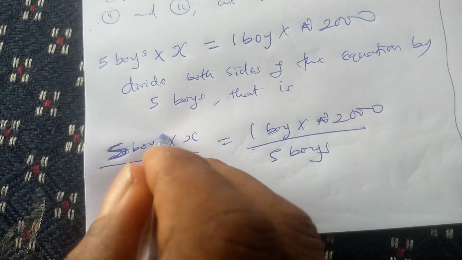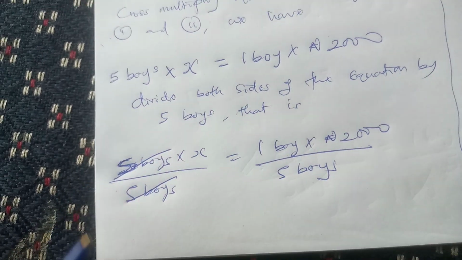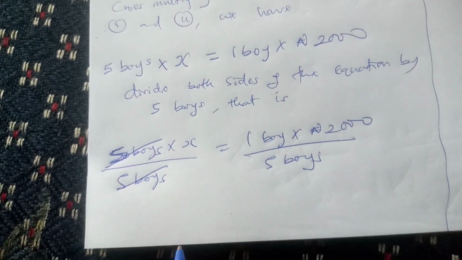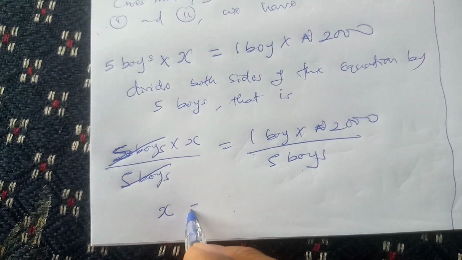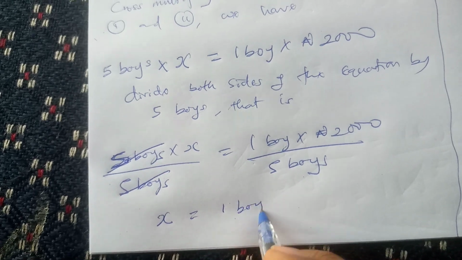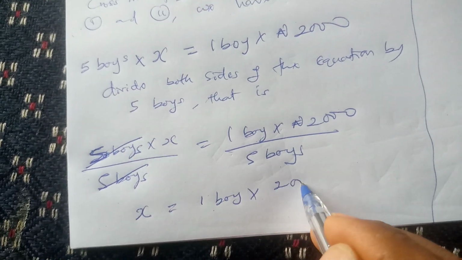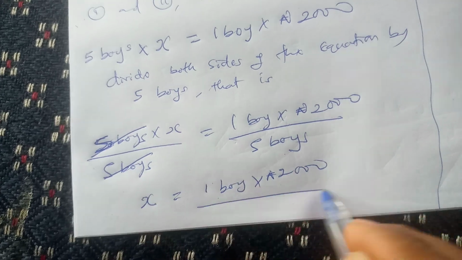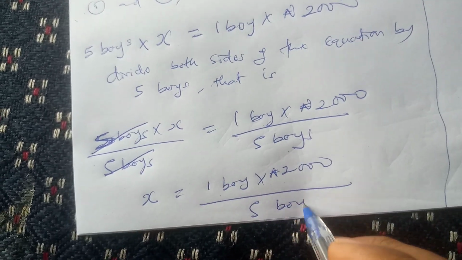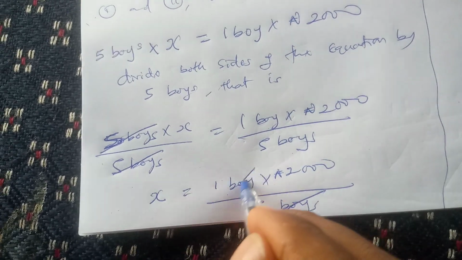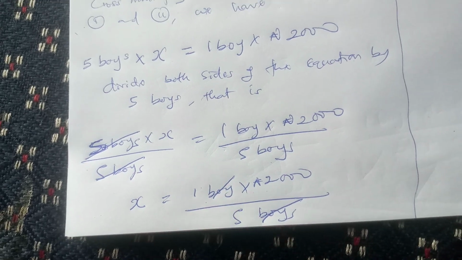5 boys crosses out 5 boys. We are now left with x equals 1 boy times 2000 naira over 5 boys. Boy here cancels boy here.